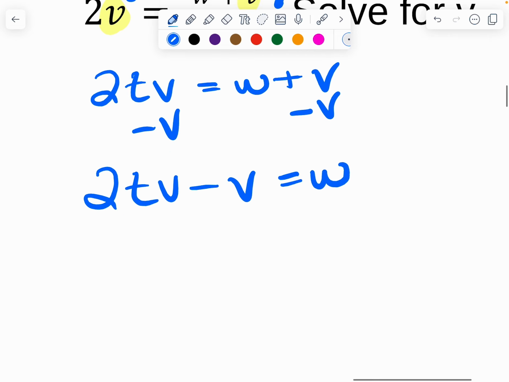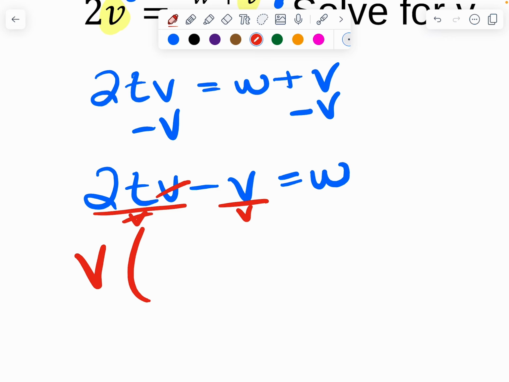So again, we're going to do the opposite of the distributive property. So we're going to take out the v. So I'm going to divide by v here, divide by v here. When I do that, I get 2t minus, well, v divided by v is 1.